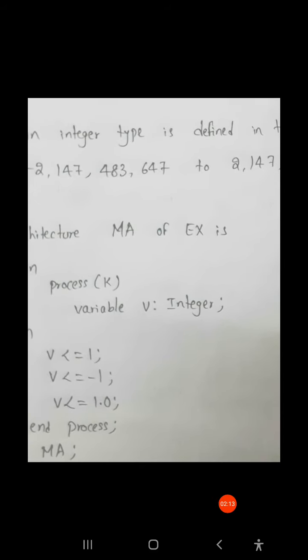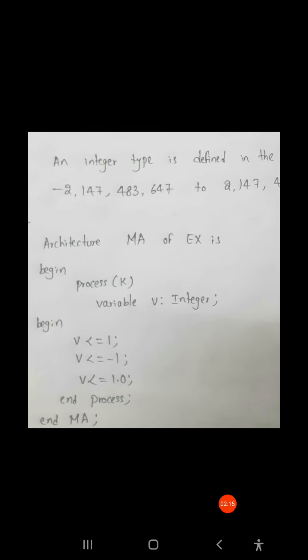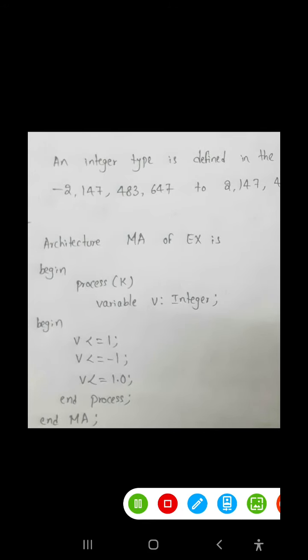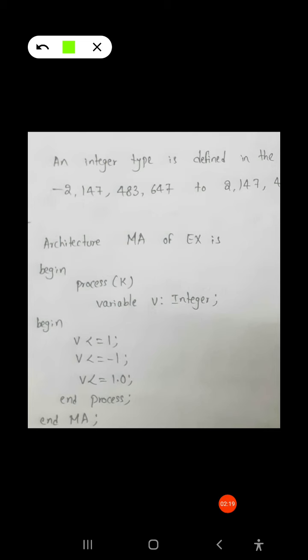Now coming to the example. Here, architecture MA of X is the architecture name. Then begin. After begin, we write the process of K. Now we take the variable V and declare it as integer.